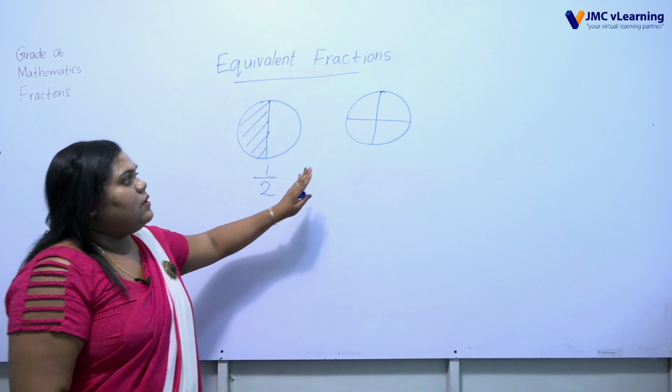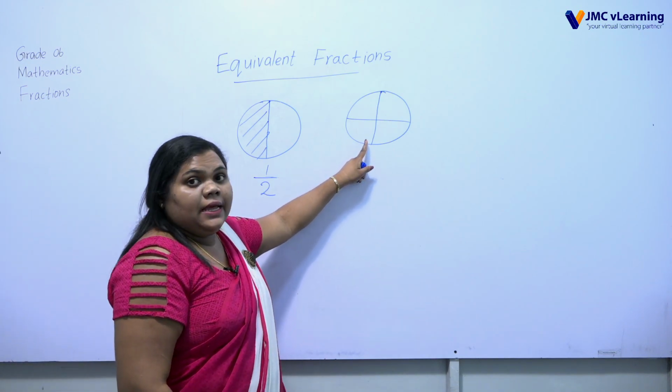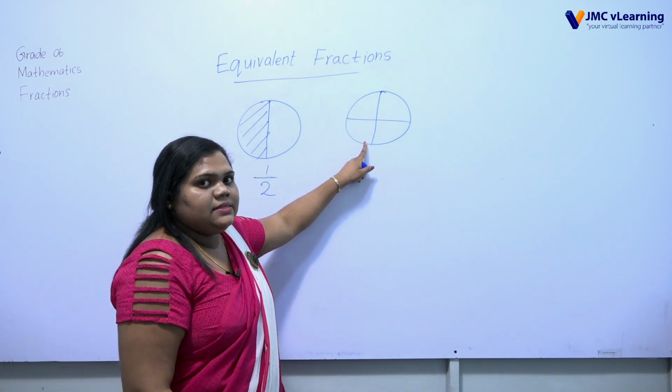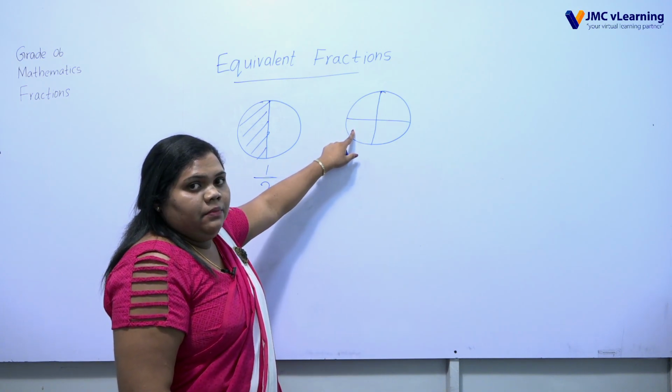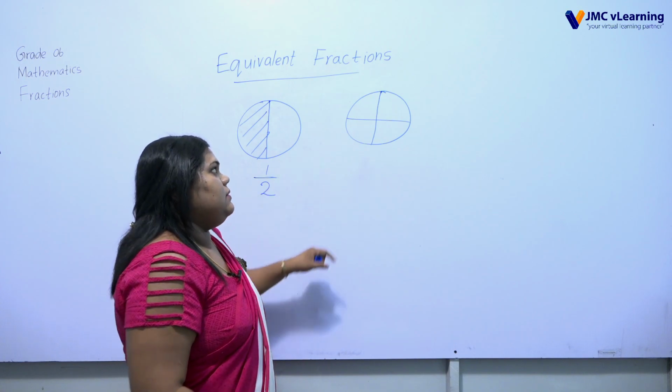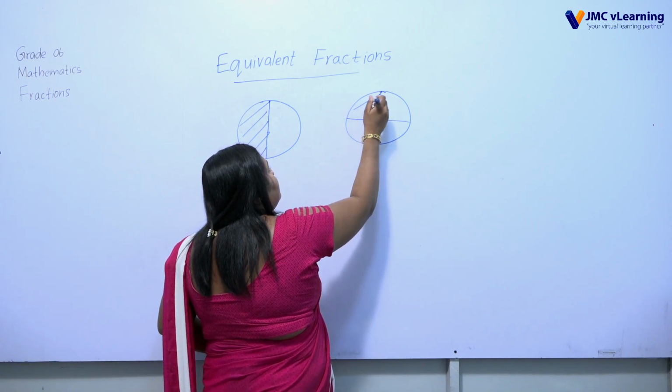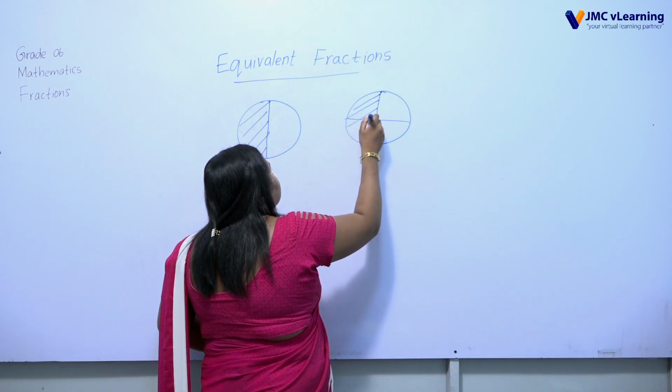Okay, now I am going to color the second circle. I want to color 2 parts from this circle.